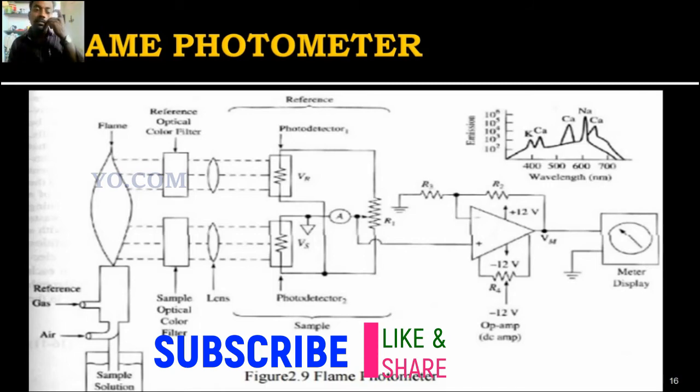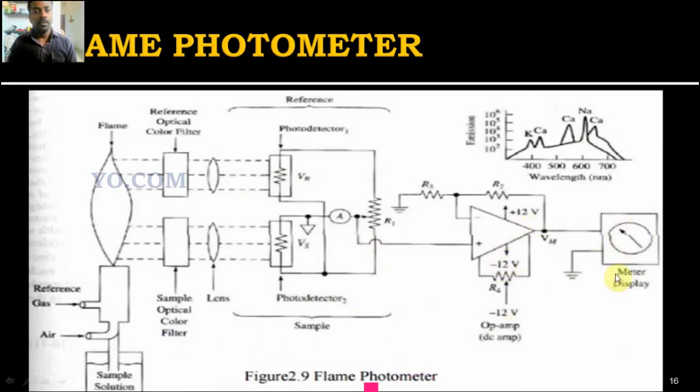After that we have the lens. The lens converts these waves into parallel waves. Then the light falls on the photo detector. The photo detector detects the light and gives it to the amplifier, an operational amplifier based amplifier. Finally we have the display unit. So this is the flame photometer.